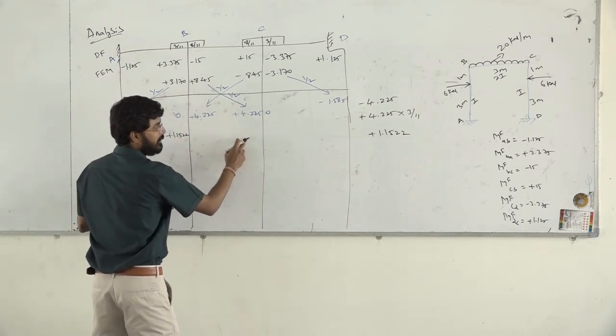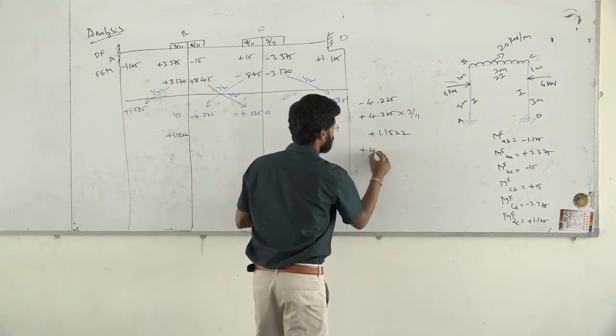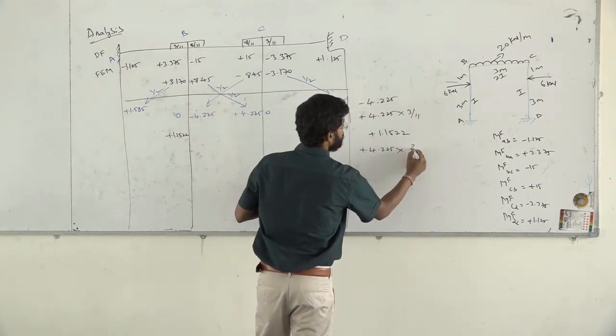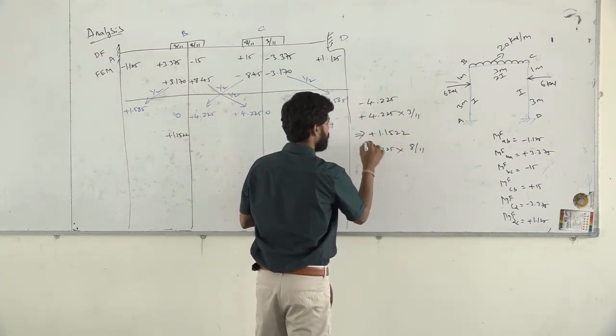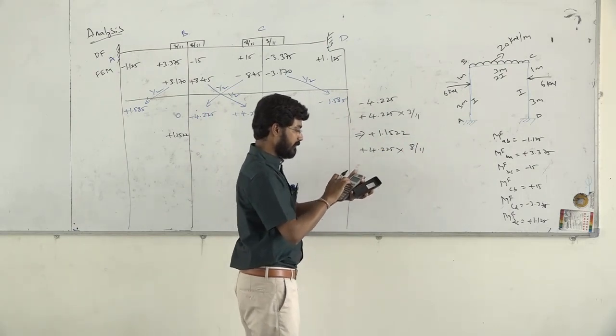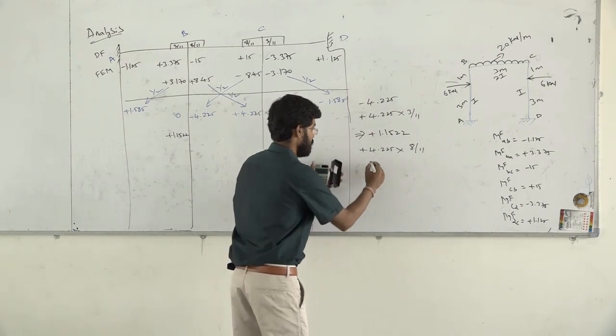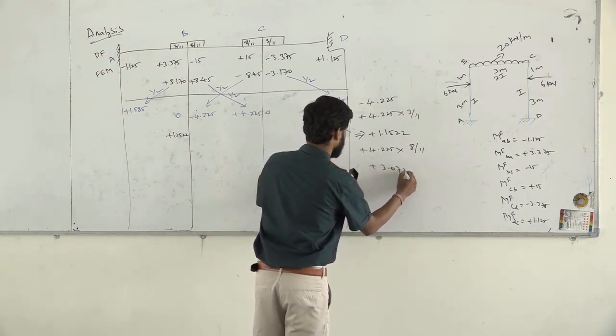Now similarly, next it is plus 4.225 into 8 by 11. Then we have plus 3.0722.